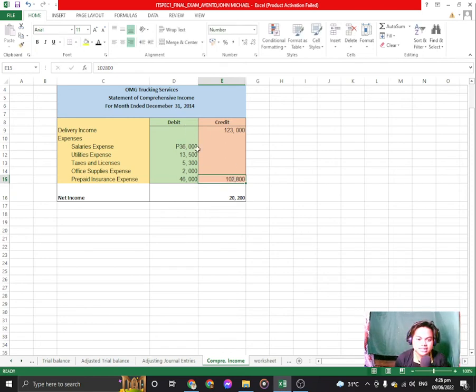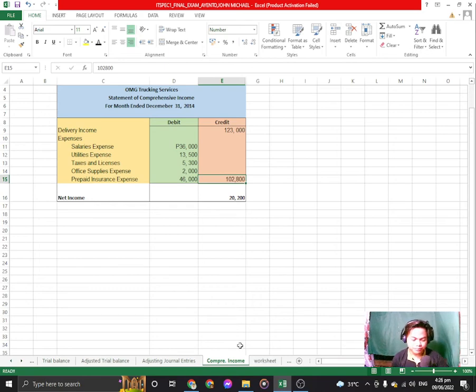So 36,000 pesos plus 36,000 pesos, plus 13,500 plus 5,300 plus 2,000 pesos and plus 46,000 pesos in a total of 102,800 pesos. Then para makuha na to tong net income ang ato ang 123,000 pesos subtracted by 102,800 pesos. The net income nato is 20,200.